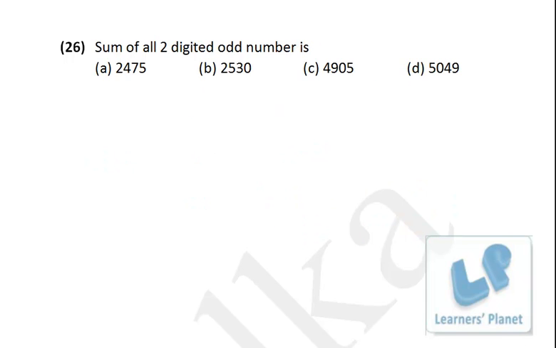Now the sum of all two-digit odd numbers. The first two-digit odd number is 11 and the last is 99. The difference between two consecutive numbers is 2 obviously, because we have to find odd numbers, right? How many numbers are here?